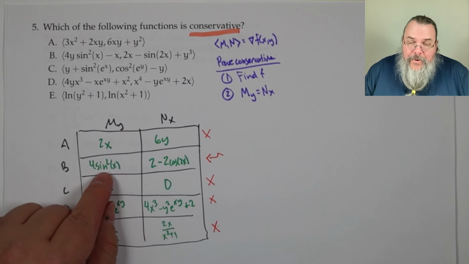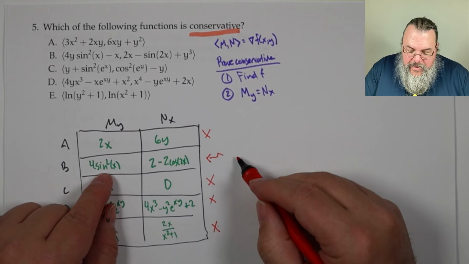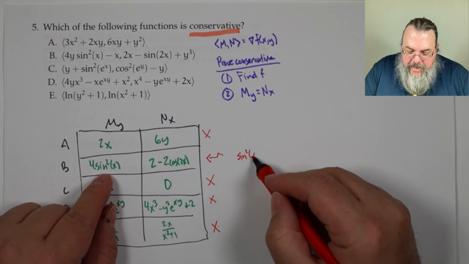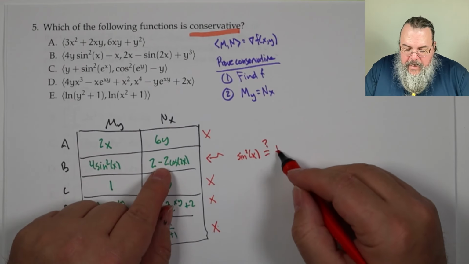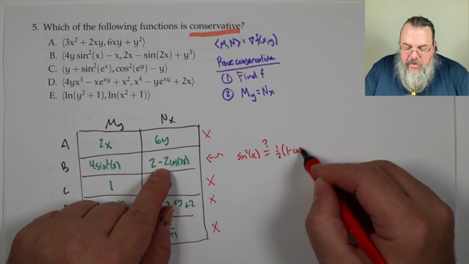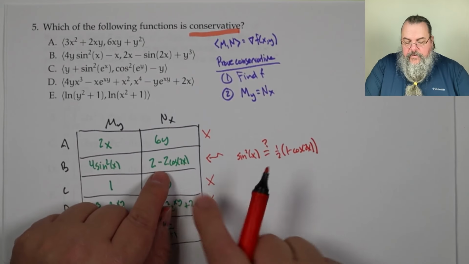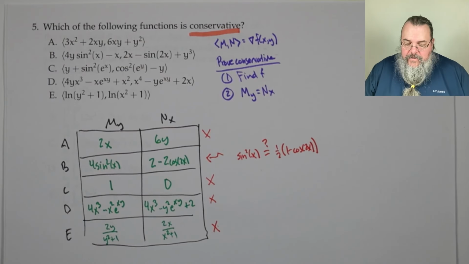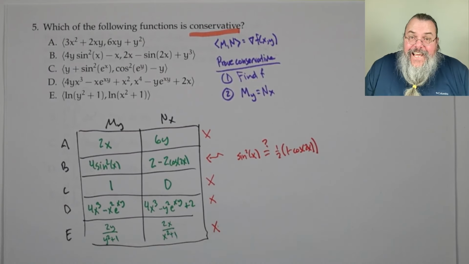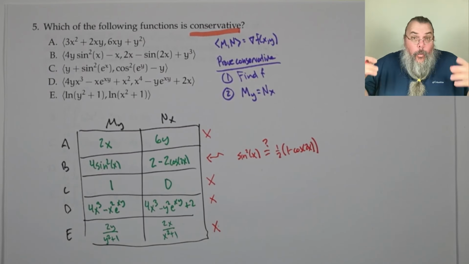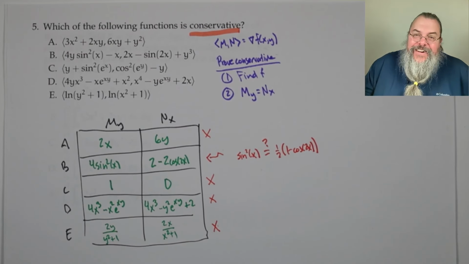Well, if you divide both sides by 4, this becomes sine squared of x. Does that equal, question, 1/2 times 1 minus cosine of 2x, right? Because if you divide by 4, 2 over 4 is a half. And we're like, oh, this is a thing. Wow!